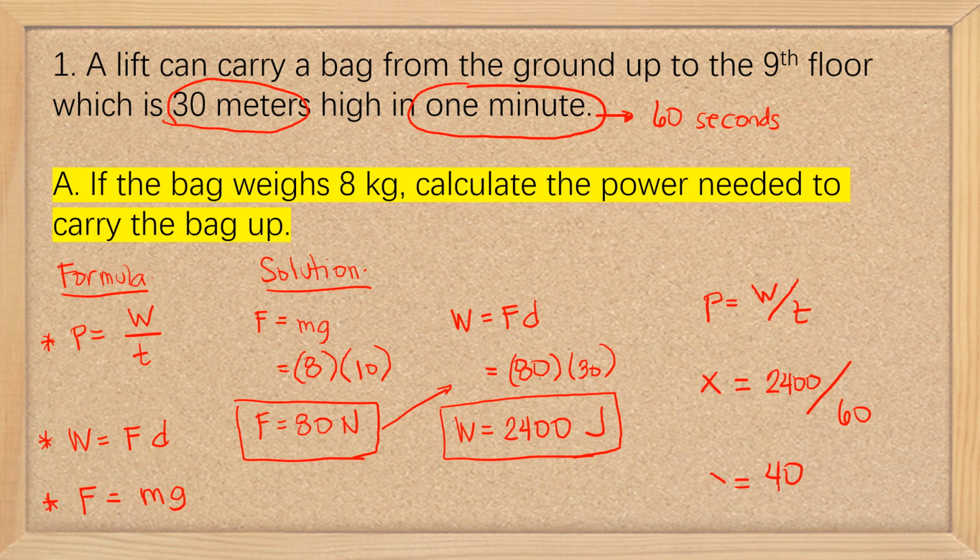And what is the unit for this problem? So it should be in watts. So if the bag weighs 8 kilograms, calculate the power. The power that we need to bring the 8 kilograms bag up to 30 meters is 40 watts.